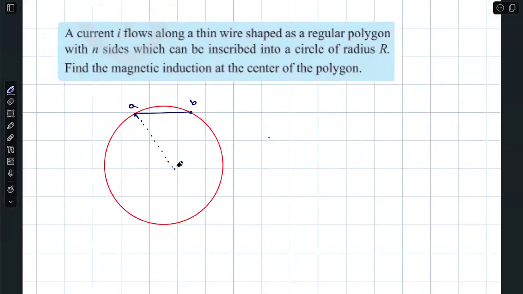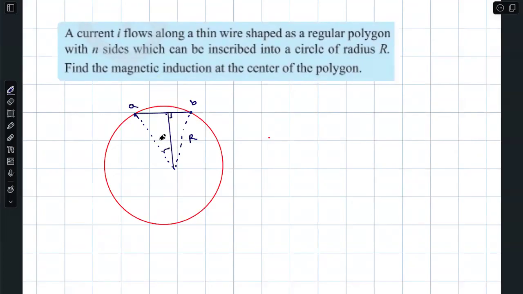Now you can see this is of radius r. The circle is also of radius r. And now this is the perpendicular drawn, we will draw a perpendicular onto here.